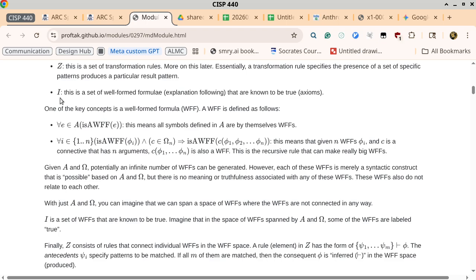In other words, the green line is defining the space of all well-formed formulae, including things that we don't know whether they are true or not. Syntactically speaking, everything that is syntactically correct is within this green box. It is infinitely large, but I cannot draw an infinitely large square, so we just pretend this is infinitely large. Is that okay? All right.